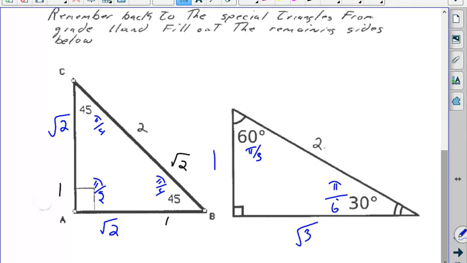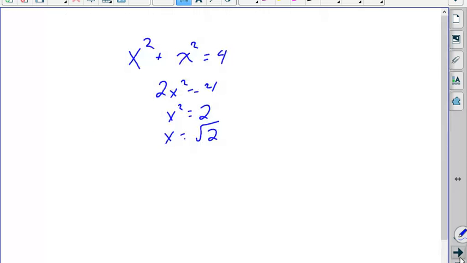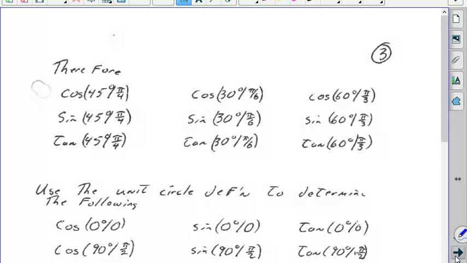So again, now we can get sine, cosine, and tangent of all of those using these special triangles. Cosine of 45 degrees is square root 2 over 2, or 1 over square root 2, depending upon which one you want.